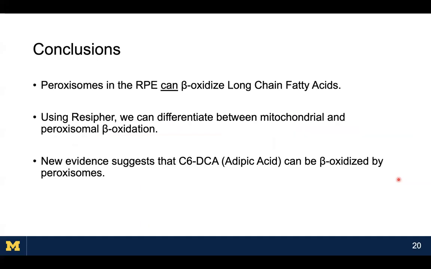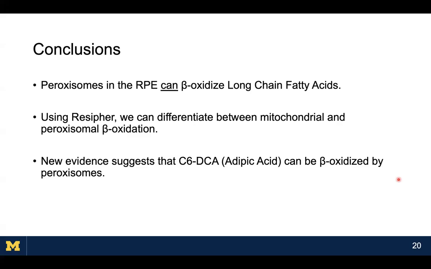So in conclusion, we're determining that peroxisomes in the RPE can beta oxidize long chain fatty acids. Using our Recipher, we've been able to, as far as we can tell, differentiate between mitochondrial and peroxisomal beta oxidation, while we get this more holistic view of how cells are utilizing the fatty acid and other substrates that we feed them.